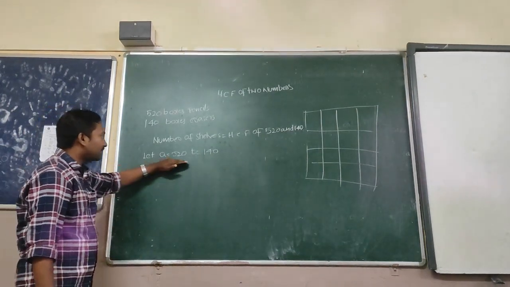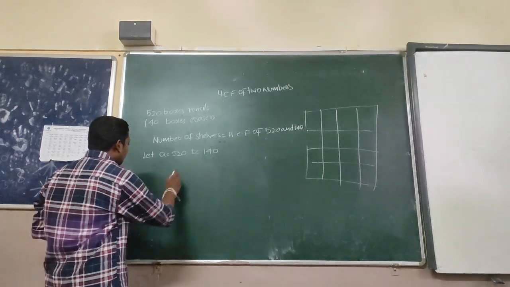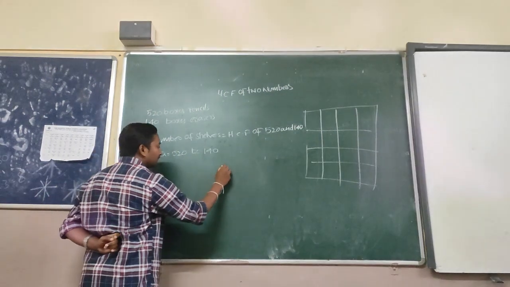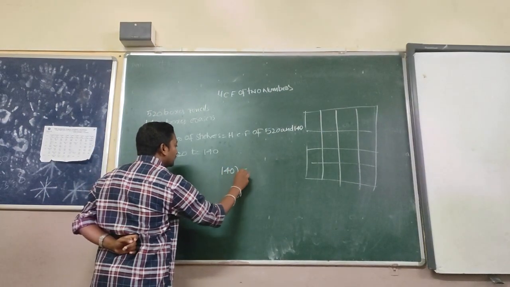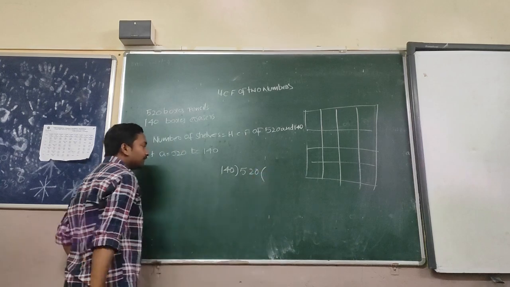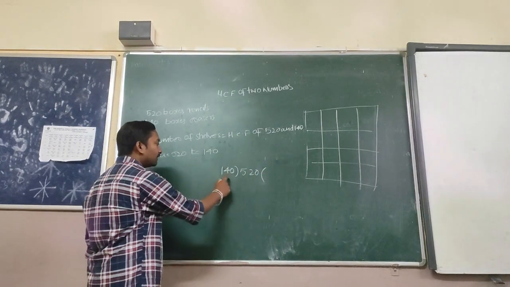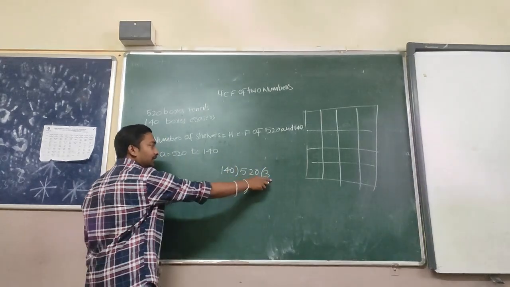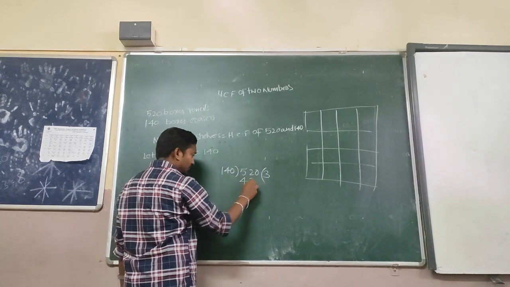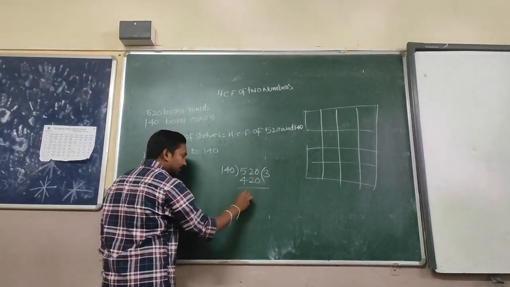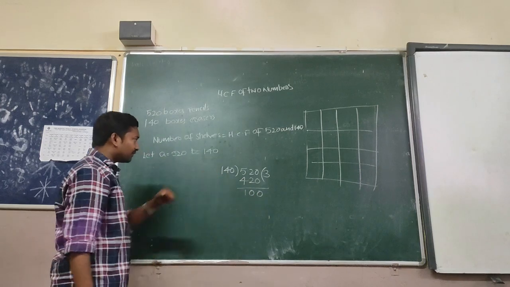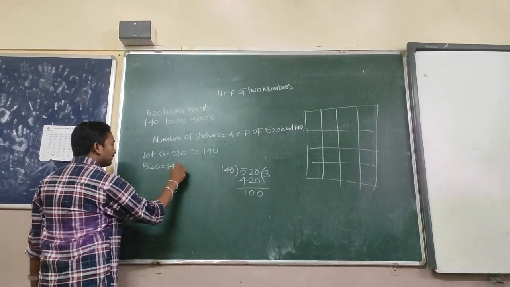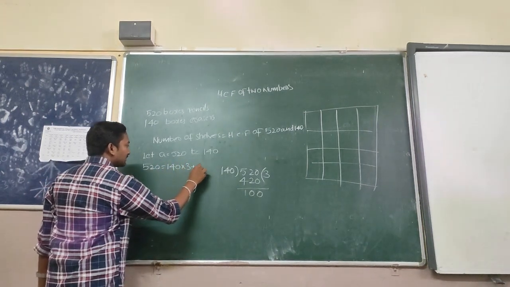Now divide 520 by 140. 140 goes into 520 3 times, that is 420, so the remainder is 100. So we write 520 equals 140 into 3 plus 100.